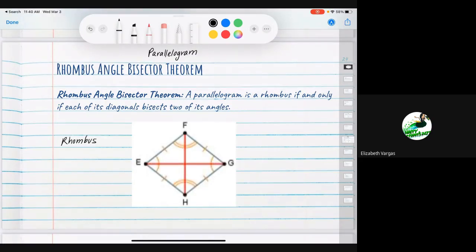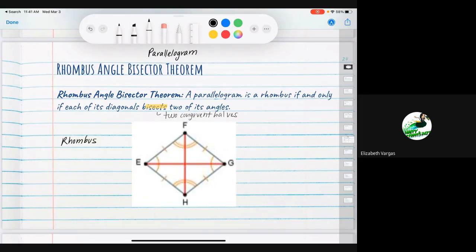Okay, and so the rhombus angle bisector theorem basically states a parallelogram is a rhombus if and only if each of its diagonals bisects 2 of its angles. Remember that bisect means cuts into 2 congruent halves. So basically it's saying that the diagonals inside of the rhombus have to cut at least 2 of its angles into 2 congruent halves.